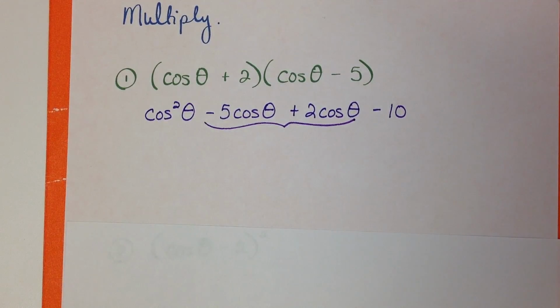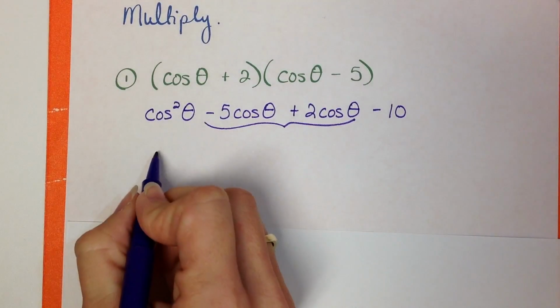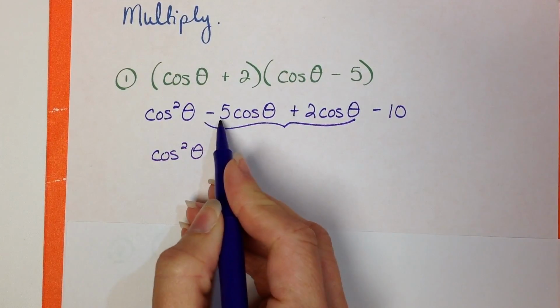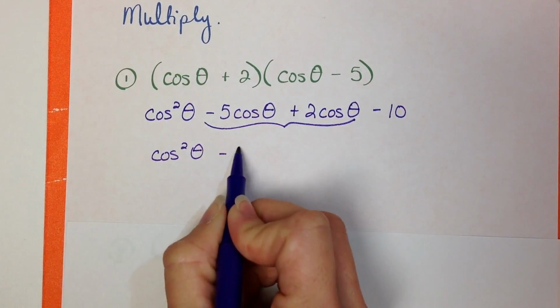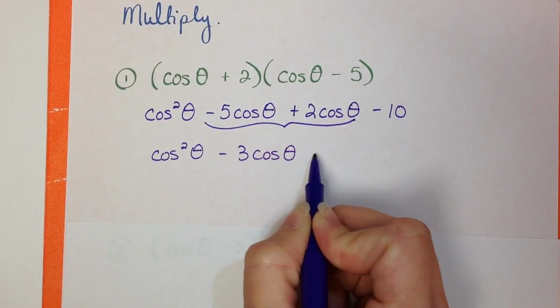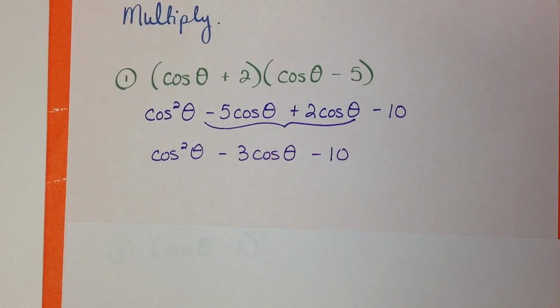Those are considered like terms because the cosines are to the first power. So you just simply add or subtract the coefficients. So I've got cosine squared. So negative 5 plus 2, so that would give me a negative 3 cosine theta, and then minus 10. So that would be your answer for that one. So that's simply just your FOIL method.